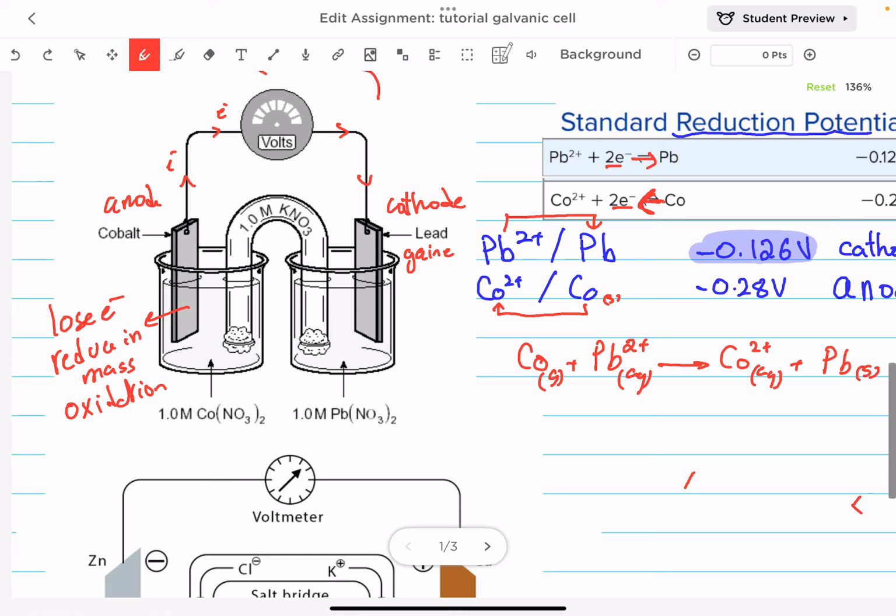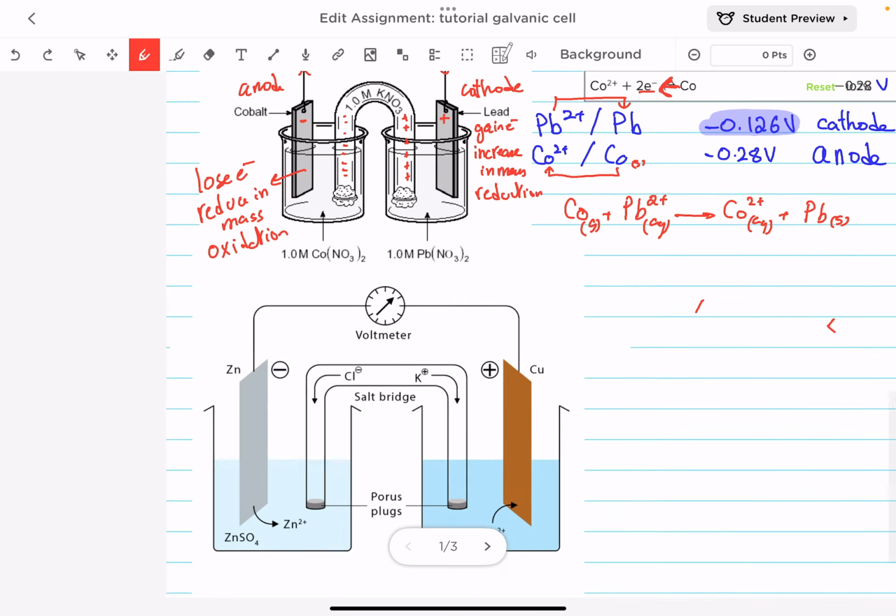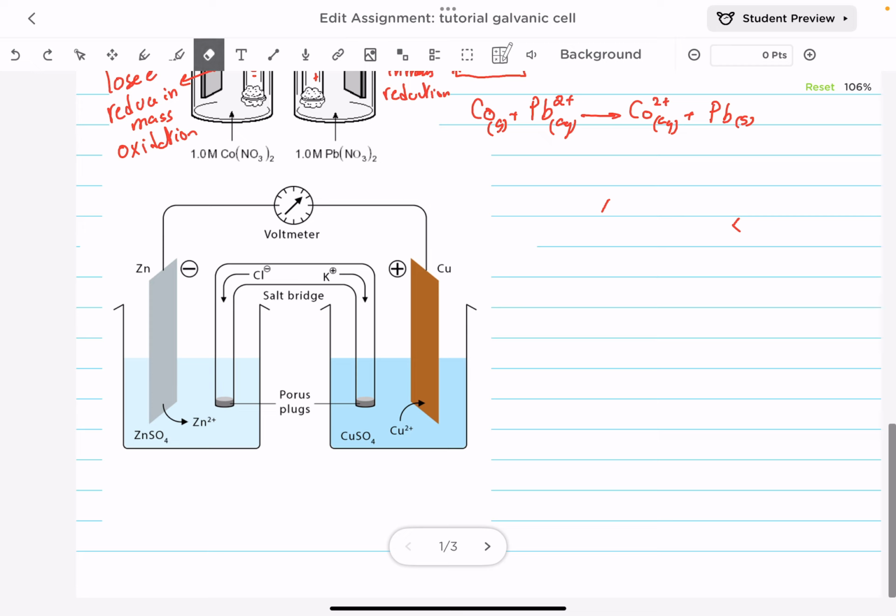This is where electrons are gained. It's the one that's going to increase in mass. And this is where reduction will take place. This is the positive electrode, and this is going to be the negative electrode. And finally, the positive ions from the salt bridge are going to migrate towards the cathode, and the negative ions from the salt bridge are going to migrate towards the anode.